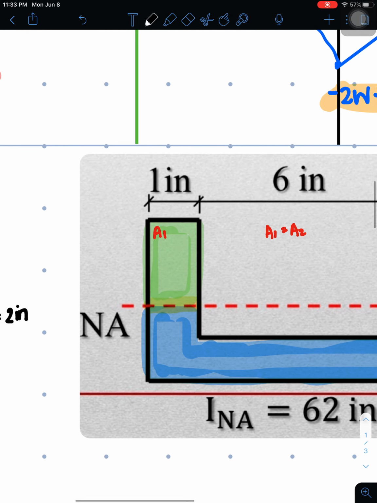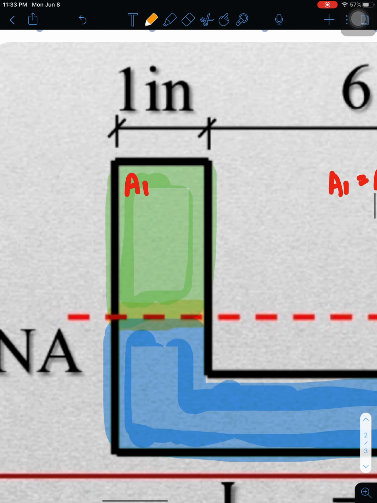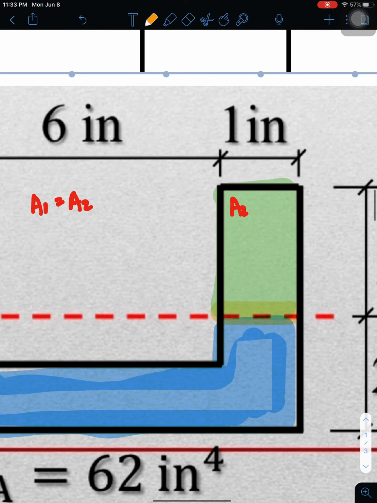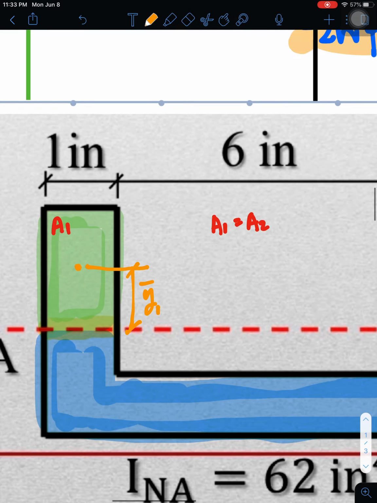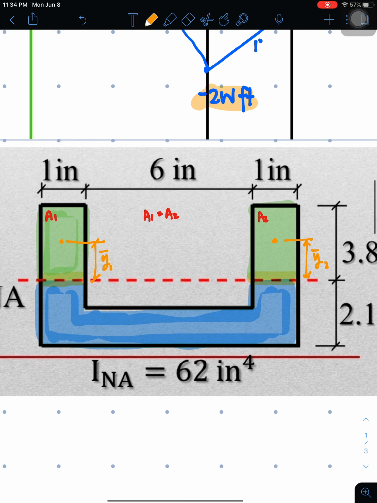So actually, since area 1 and area 2 have the same location, they also have the same barred y. So this is y1, and this is barred y1, and this here is barred y2.